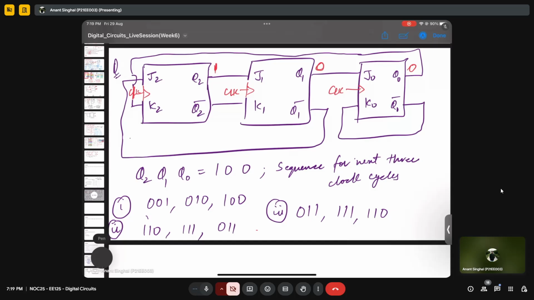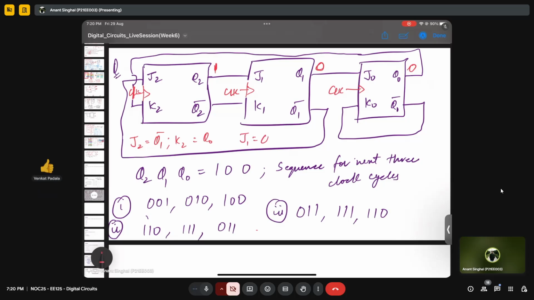Can I write J2 is equal to Q1 bar, K2 is equal to Q0? Is it clear to everyone? Because I have made the connections like that. Please let me know if it makes sense to everyone.